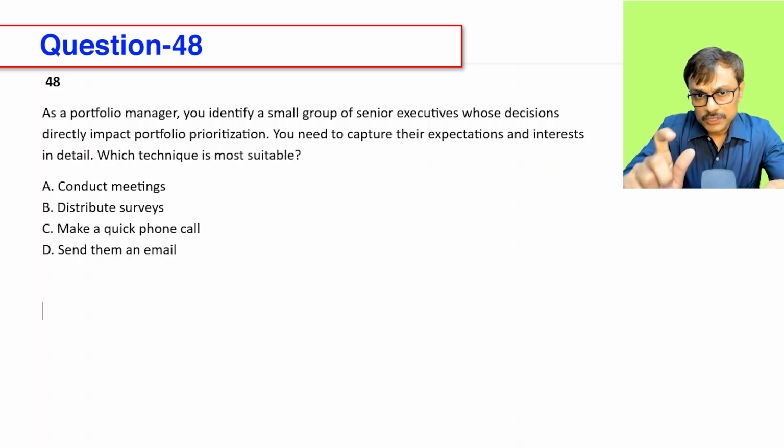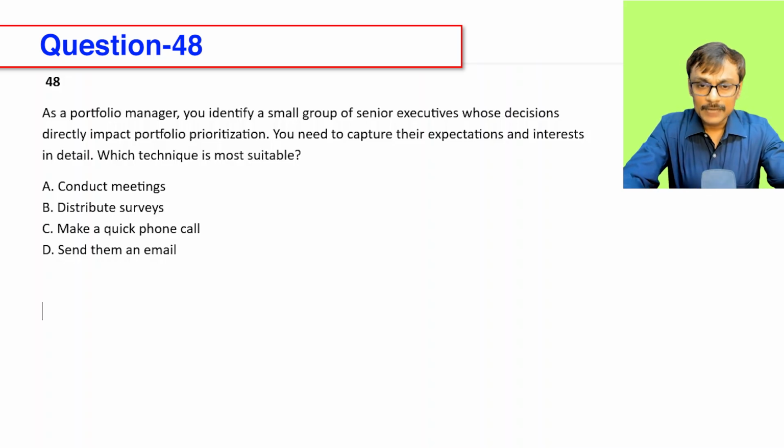Now here you need to think a little differently, and that can help you in getting many answers right whenever it comes to communication. Especially if you have studied PMP communication methods, there is interactive communication, push communication, and pull communication.